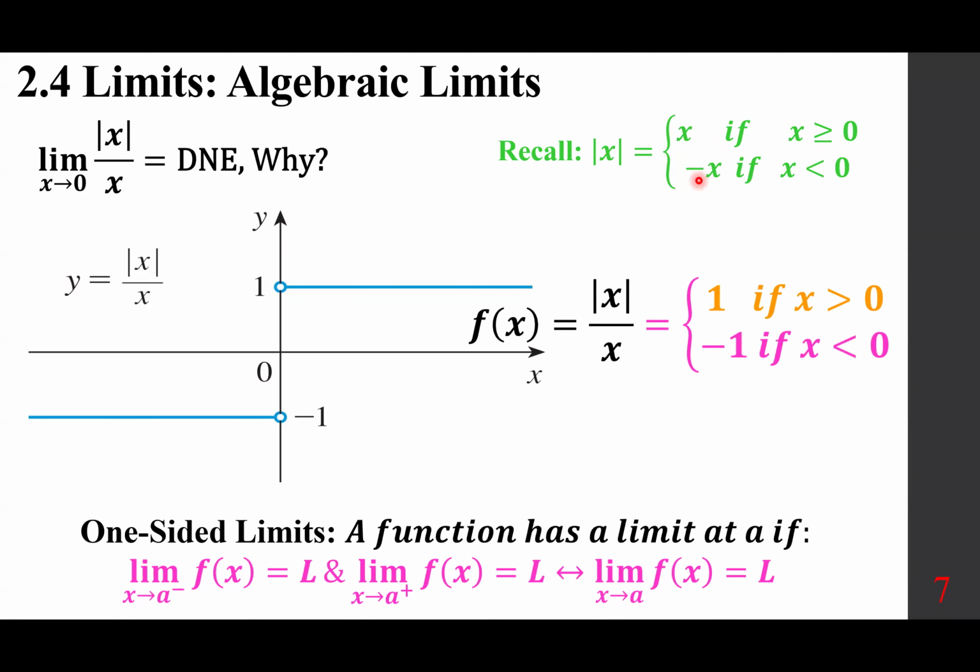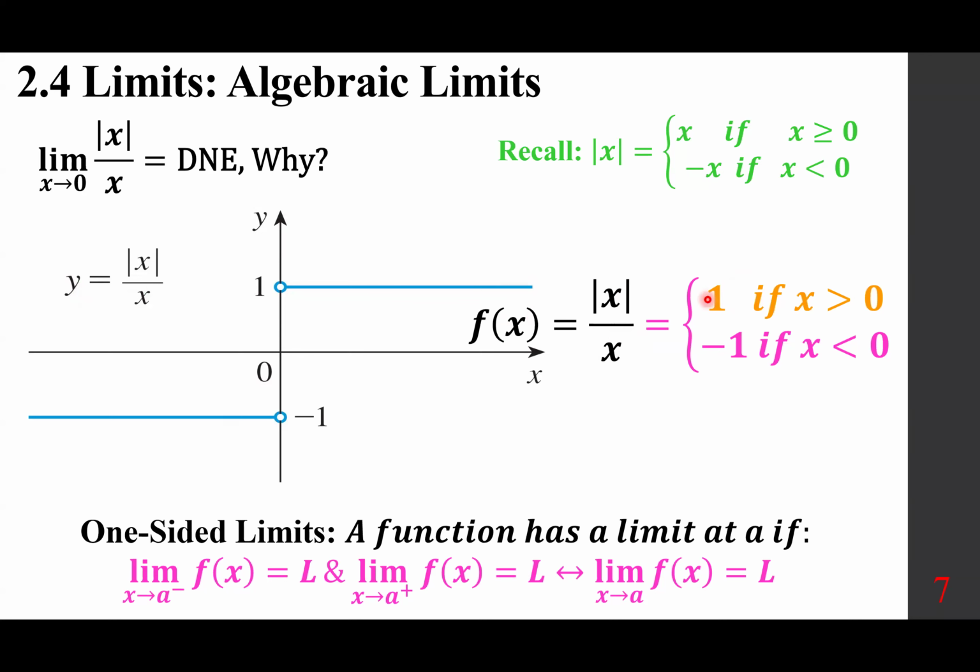And so for this function, because the denominator has x, we don't have the equality. We just have larger than 0. So larger than 0 becomes x over x, which is 1. Less than 0 becomes -x over x, which is -1. We have two different pieces. If you look at the graph of the top piece, y equals 1 is a horizontal line. The bottom piece, y equals -1, is a horizontal line.